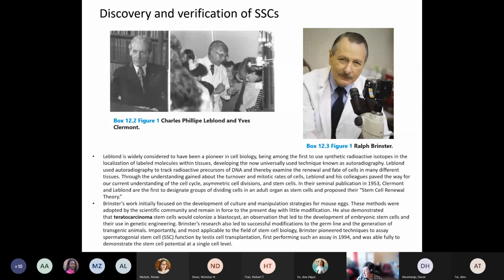He and his student, in 1953. Pay attention to that timeline. 1953 is earlier than almost anything we have described so far. The hematopoietic stem cell, embryonic stem cell, even somatic cell nuclear transfer all happened after the 1960s. So he basically laid the foundation of the concept of the stem cell. And of course, he proposed that theory, the stem cell zone in the small intestine.